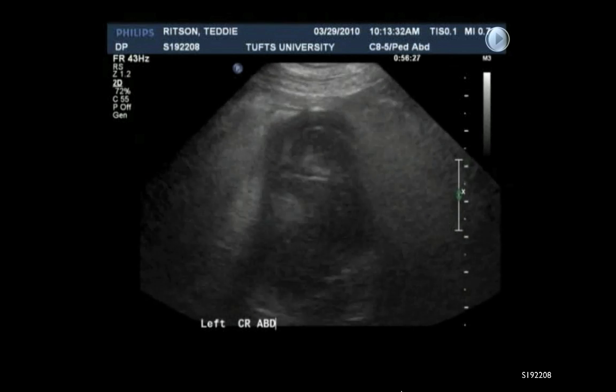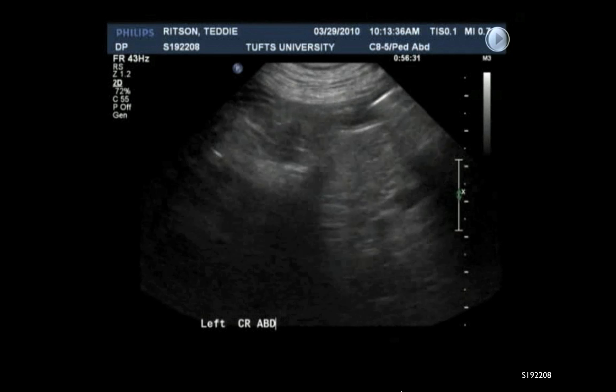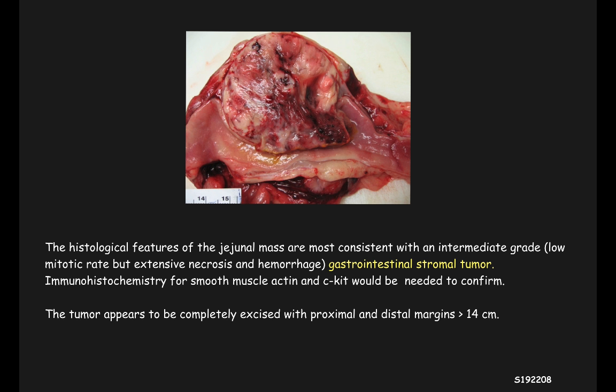Based on this discovery, we have now more evidence that this mass is intestinal in origin, and the dog was sent to surgery. The surgical specimen shows us what we just saw on ultrasound. Here is the intestinal segment. We see that the mucosa is mostly intact.